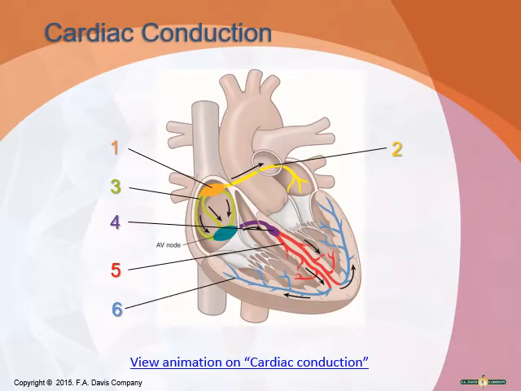Now, what controls our heartbeat and the heartbeat rhythm? Electrical impulses originating within the heart itself transmit in a specific route to cause these contractions.